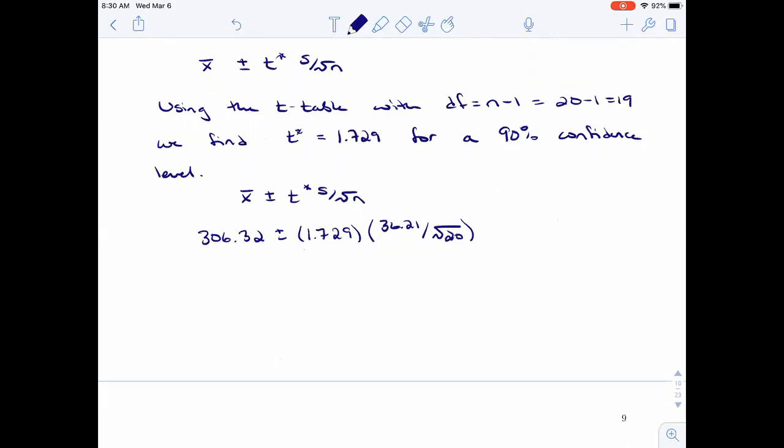Let's see. 36.21 divided by the square root of 20, keeping the 1.729 out of it for a little bit longer, gives 8.096802147.